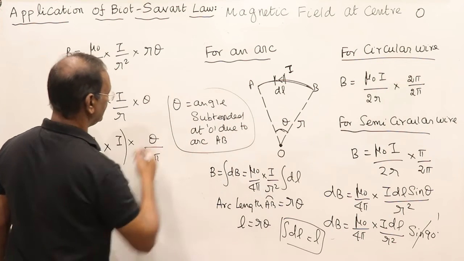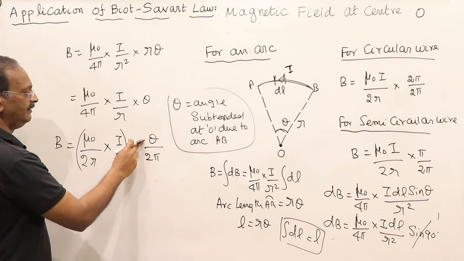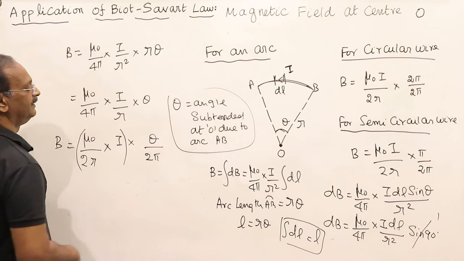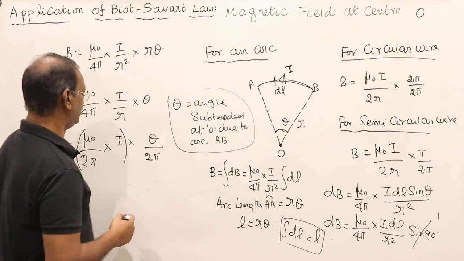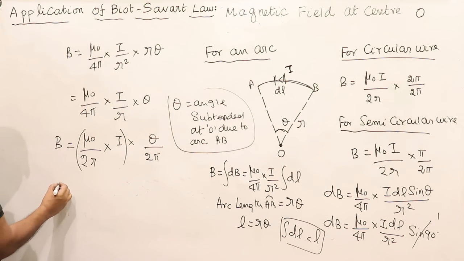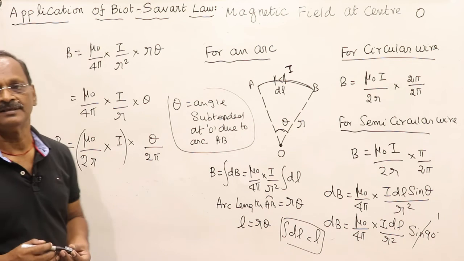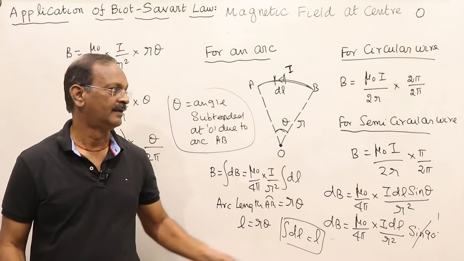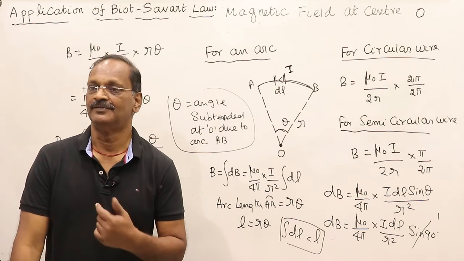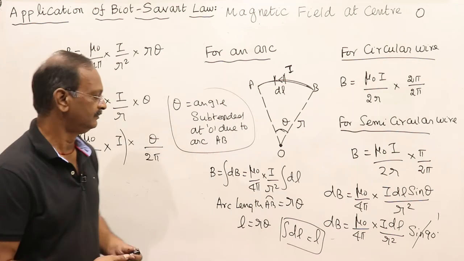If it is semicircular, this will be pi. If it is a full circle, it will be 2 pi. If it is an angle theta, this will be theta by 2 pi. This is the magnitude. Of course, direction can be found using Fleming's right hand thumb rule or right hand palm rule.